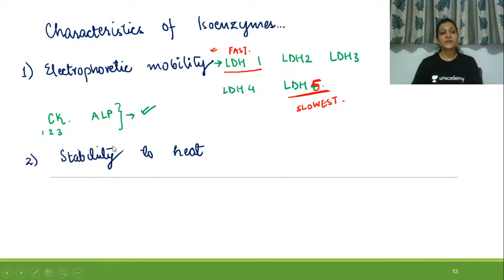So yes, these classical examples of isozymes can be separated on the basis of electrophoretic mobility, right?